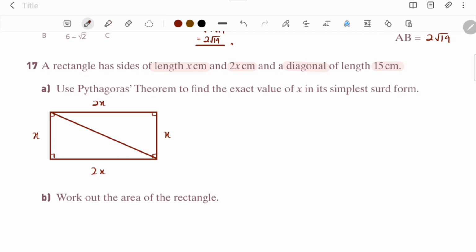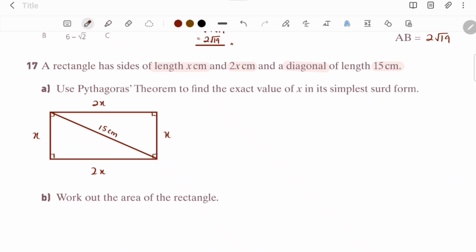This one is 15 cm. Okay. Use Pythagoras theorem to find the exact value of x in its simplest surd form.